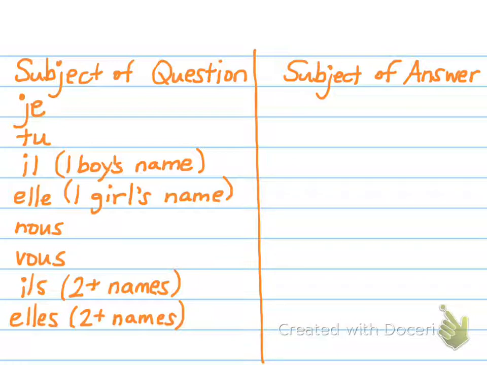If somebody asks a question with I, so may I use the restroom? To answer that in a complete sentence, the answer is yes, you can. So this is an I. Your answer is going to be a you. Now, remember in French there are two you's, probably going to be tu, but it might be vous if you're talking to an adult.